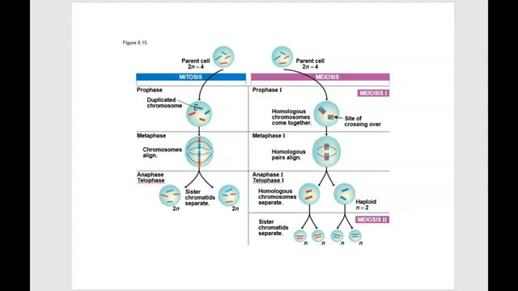On the right, you see meiosis. We start with that same parent cell, but this time we go through 2 cell divisions, meiosis 1 and meiosis 2. Notice that we end up with 4 haploid cells. Each has just 1 chromosome from each pair. And so the cells are haploid, 1n or n.